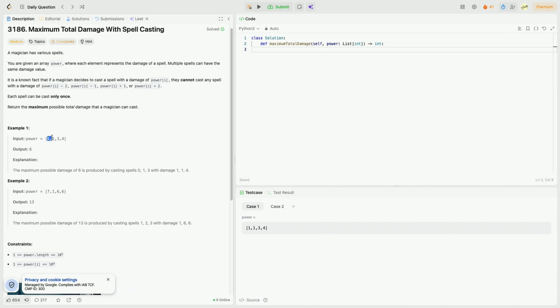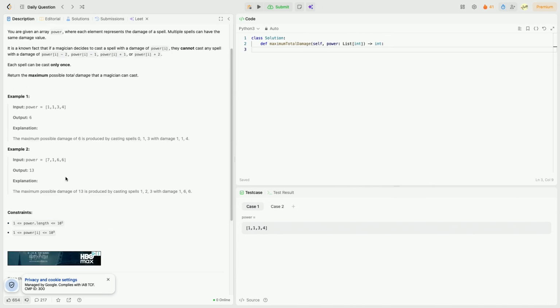So actually, we can cast the first two spells because they have both the same power value. We can cast them both, which gives us a sum of 2, and then we can cast the spell with the power value 4. So it's really important to understand that here, they're not talking about the indices in the power array. They're talking about the actual values in the power array, which gives this problem a nice little twist.